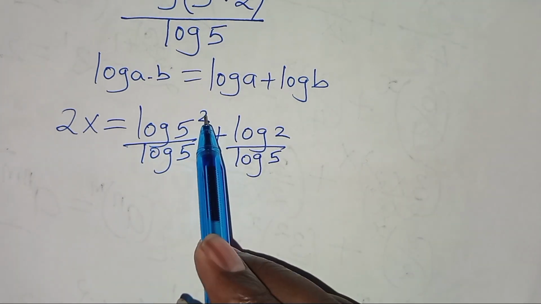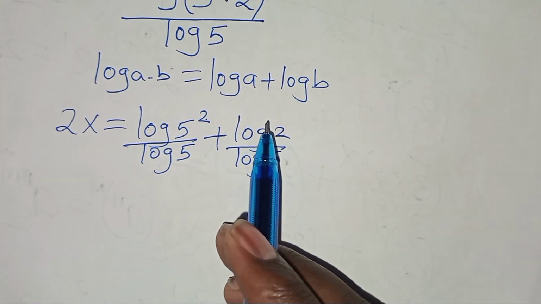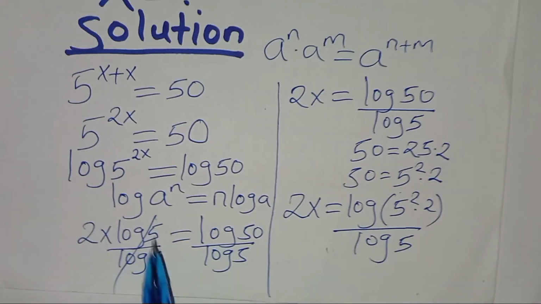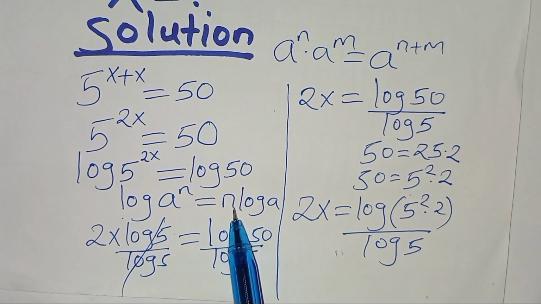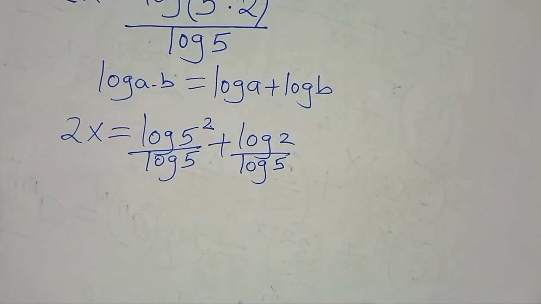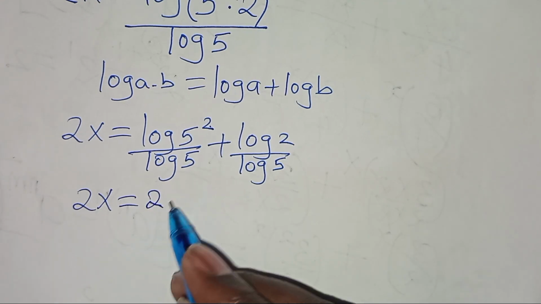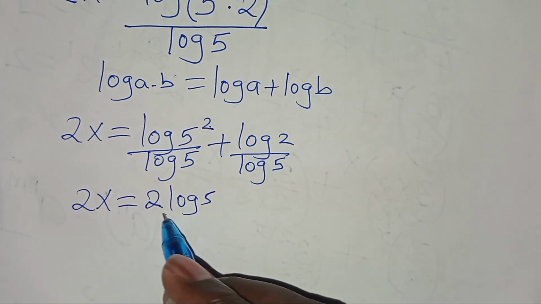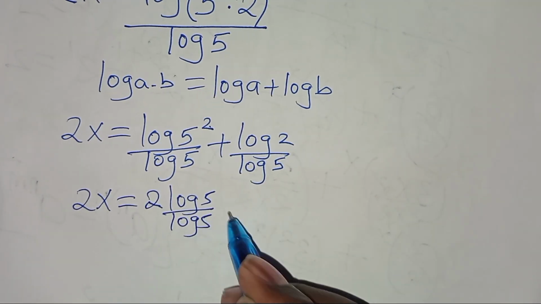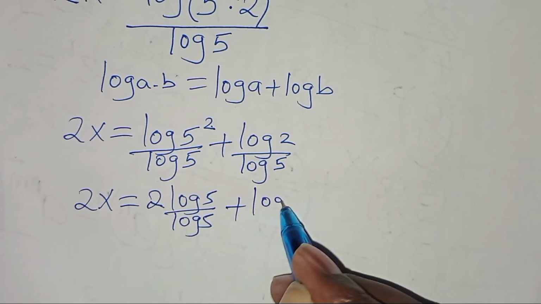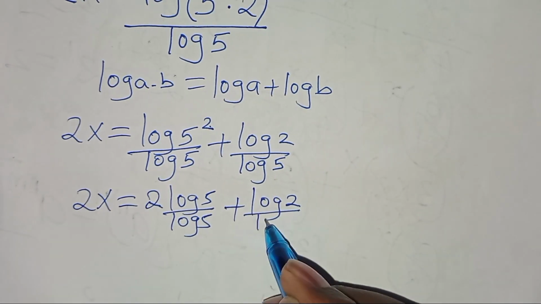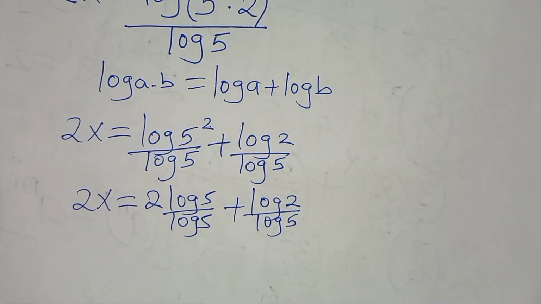So log 5 to the power 2, applying the power rule property, which is log a to the power n equal to n log a, we'll have 2x equal to 2 log 5 divided by log 5, plus log 2 divided by log 5.